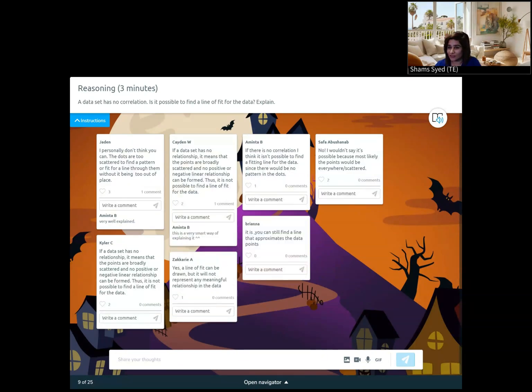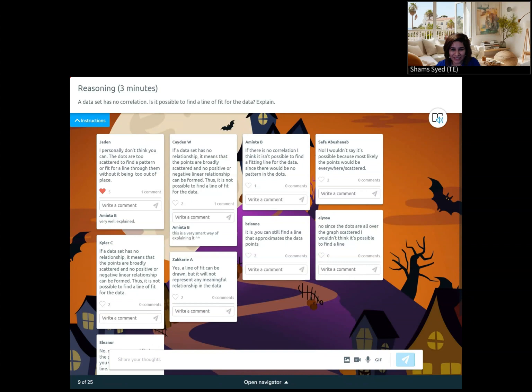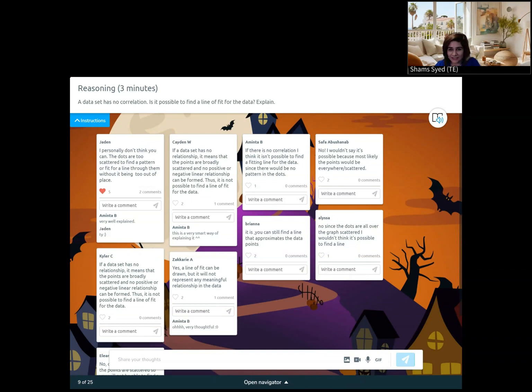Look at the detailed responses from almost everybody. Wonderful responses. Jaden says, I personally do not think you can have a line of best fit. The dots are too scattered to find a pattern or a fit for a line through them without being too out of place. Jaden, this is a wonderful post. Caden, if the data set has no relation, it means the points are broadly scattered.